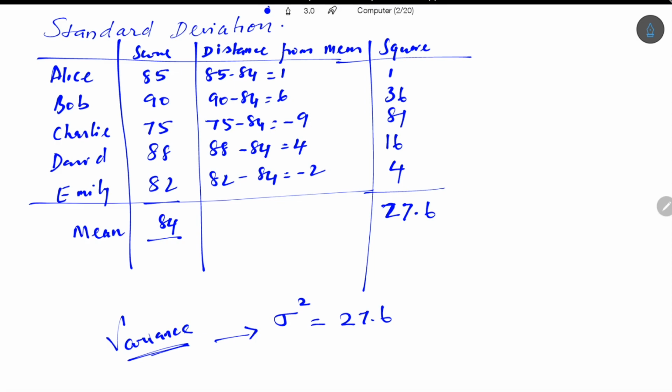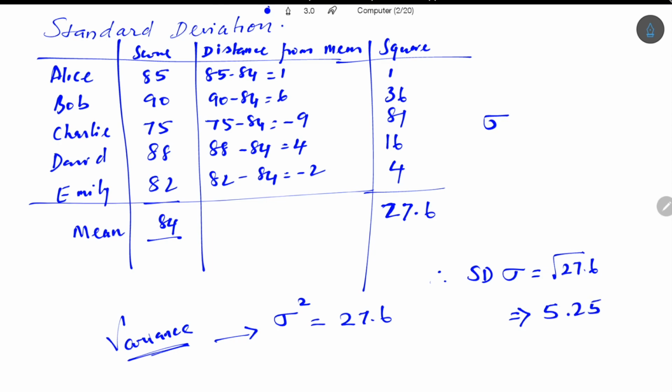And then for the standard deviation, the symbol for standard deviation is sigma, so it is the square root of sigma squared. Therefore standard deviation SD sigma equals root 27.6, which comes to approximately 5.25.